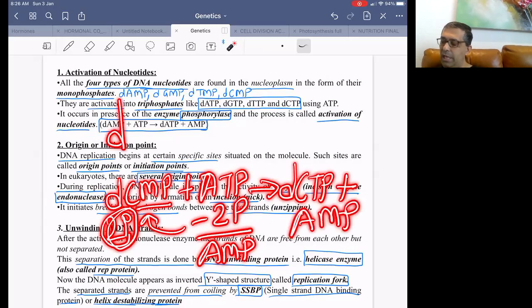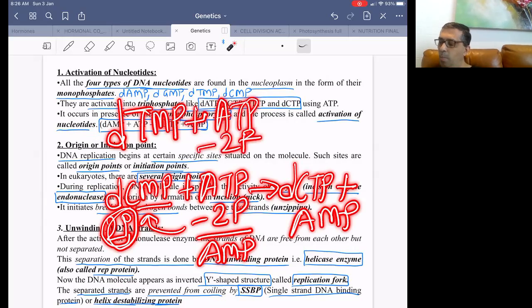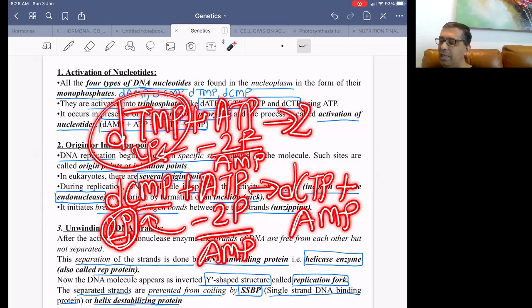Similarly, deoxythymidine monophosphate plus ATP: ATP loses two phosphates to become adenosine monophosphate, and the two phosphates are added to deoxythymidine monophosphate to become deoxythymidine triphosphate and adenosine monophosphate.